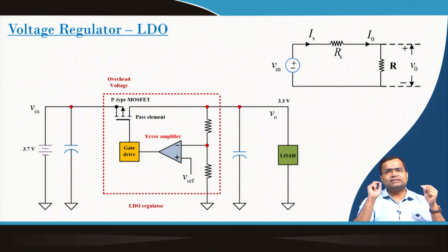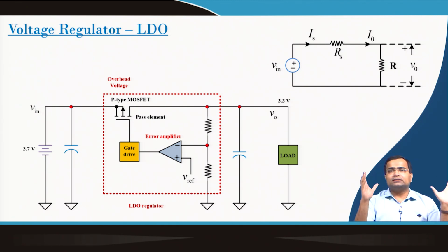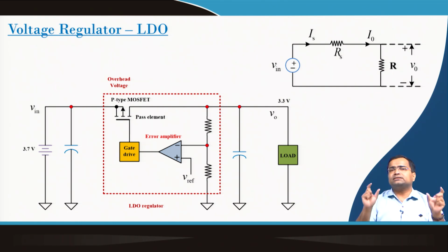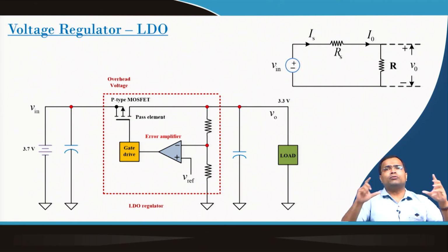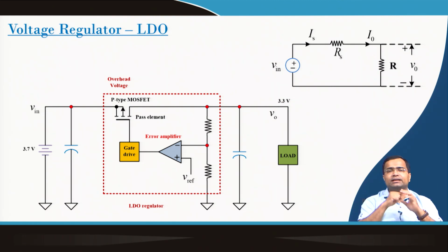We generally put a resistive divider, and then compare with the desired reference voltage, and accordingly we generate the gate voltage such that the drop across the PMOS transistor, here we are using PMOS, is created in such a way that the output voltage is maintained. And here we also use an input capacitor and an output capacitor in a practical linear dropout regulator.